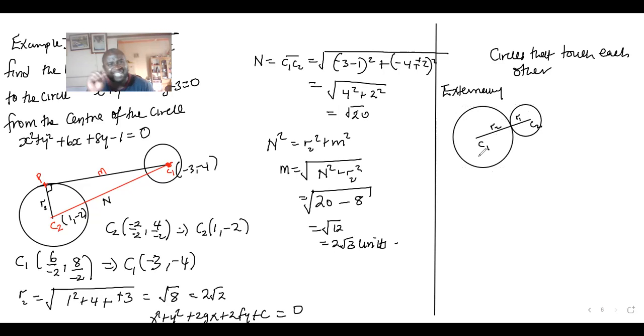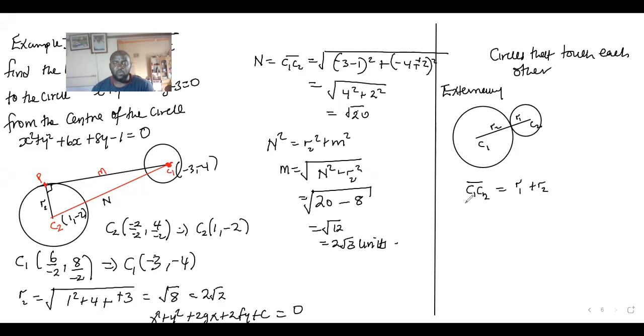Now, the proof that they are touching is this. If circles are to touch, then the distance from center 1 to center 2 is supposed to be equal to the distance R1 plus R2.